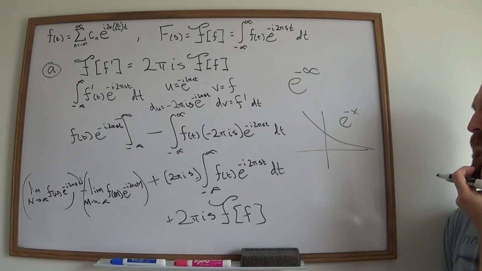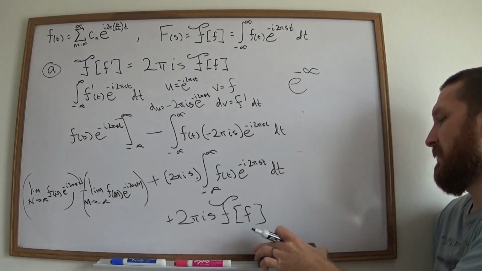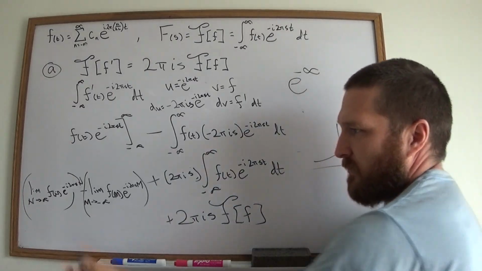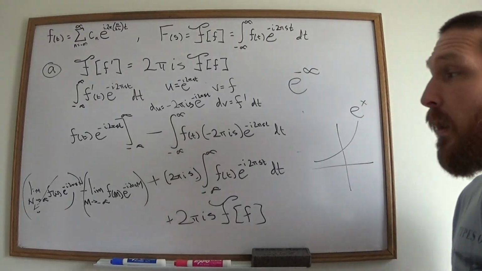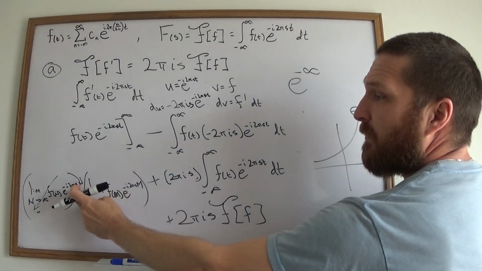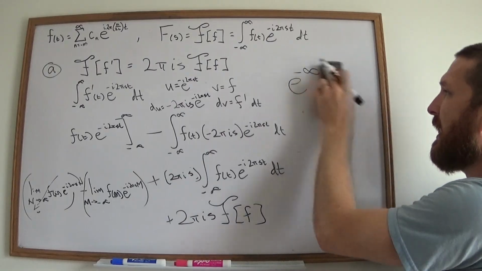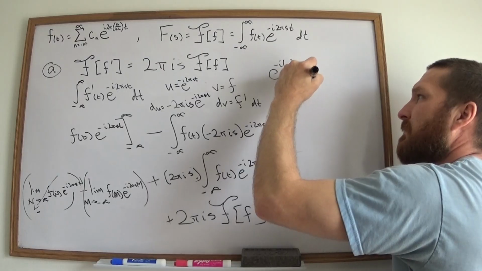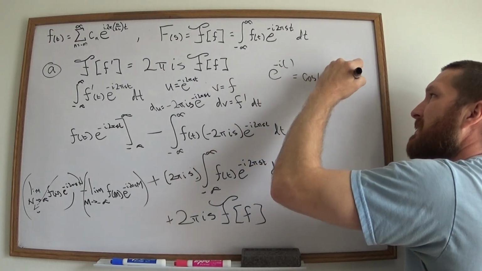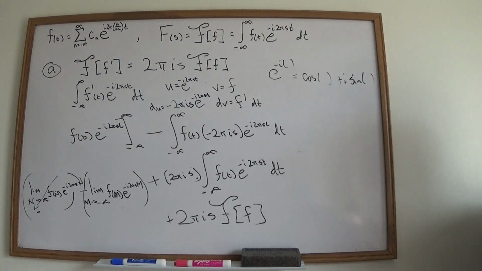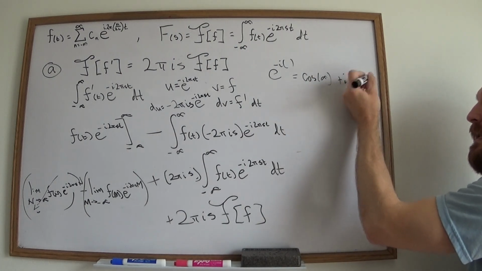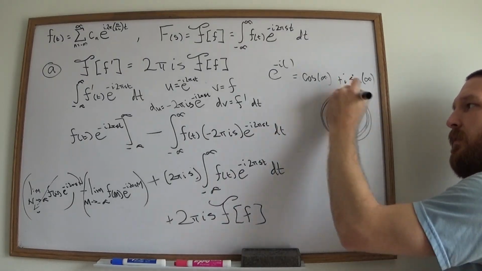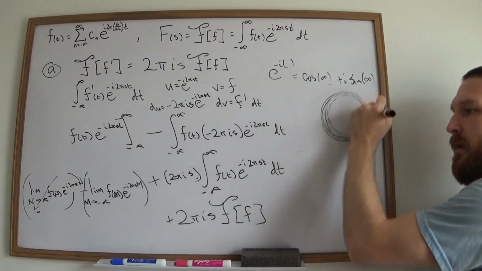Or you could think of it as e to the positive x going to negative infinity, which goes to 0. That's nice, but you'd be wrong. If you think about what this is, it's e to the negative i stuff, which is the same thing as cosine stuff plus i sine stuff. So going to infinity or negative infinity in either of those, it's never going to settle down. This is just a unit circle. There is no limit. It's just going to go around and around forever.